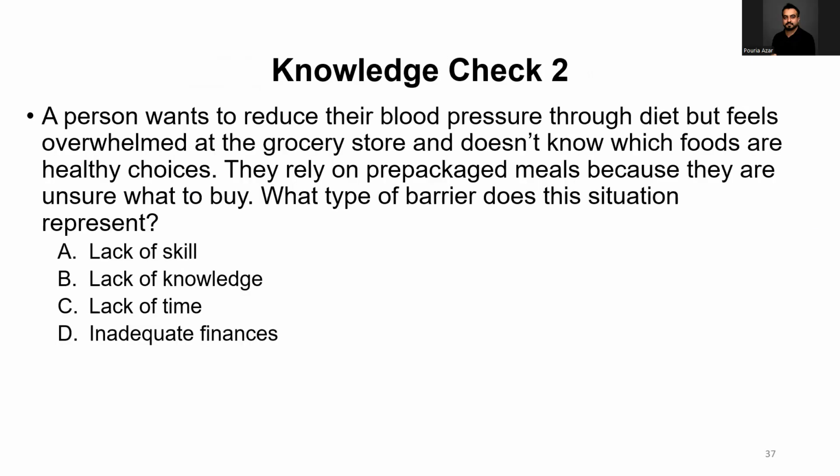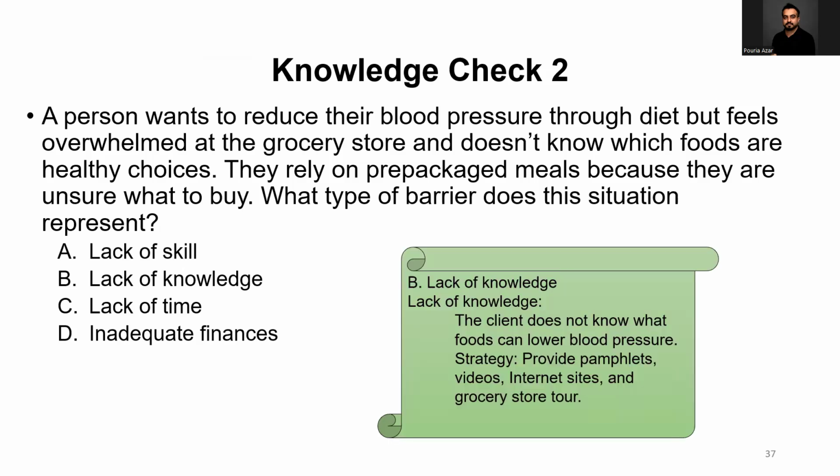This is an example. A person wants to reduce their blood pressure through diet, but feels overwhelmed at the grocery store and doesn't know which foods are healthy choices. They rely on prepackaged meals because they are unsure what to buy. This is an example of lack of knowledge because the client doesn't know what foods can lower blood pressure.